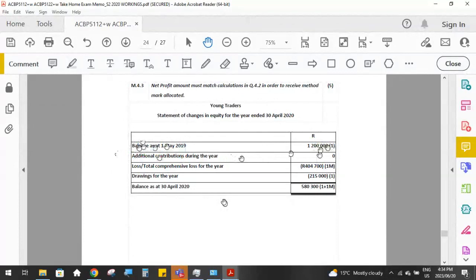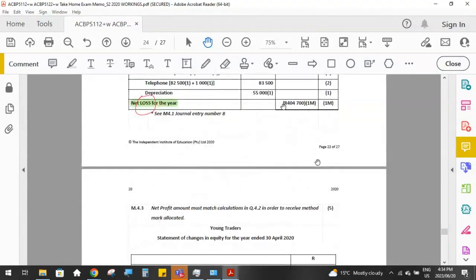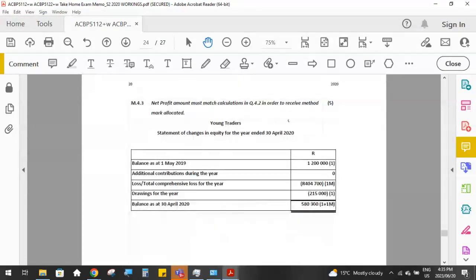It forms part of the official format of the statement of changes in equity, and that line must be there. Then underneath that, we add profit or deduct loss for the year. So we've got less loss for the year. This amount must come from your total on question 4.2 in order to get that method mark.